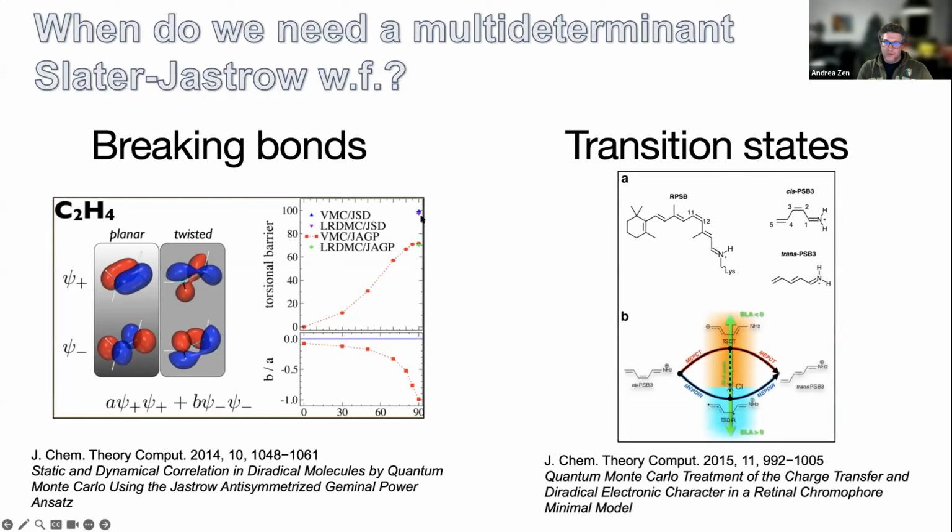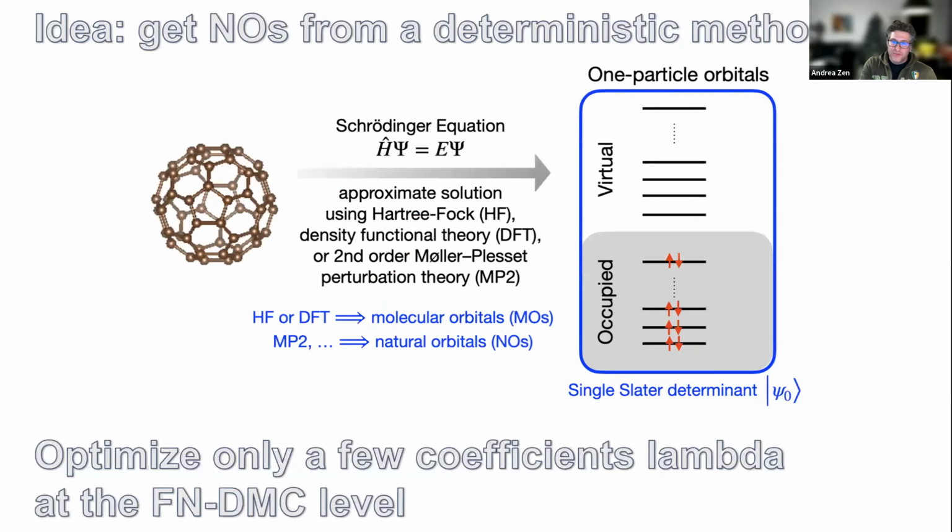This is a case where the single Slater determinant fails at both the variational and fixed node levels, and coupled cluster also fails, but fixed node DMC with the JAGP ansatz works well. They match the multi-reference quantum chemistry calculations, and that's why we think it might be an improvement.